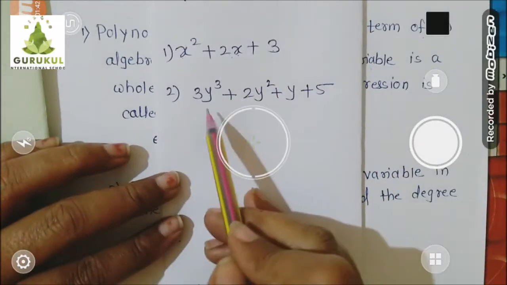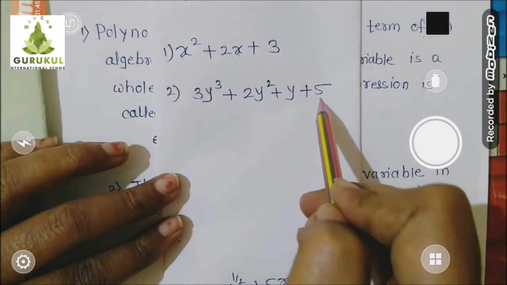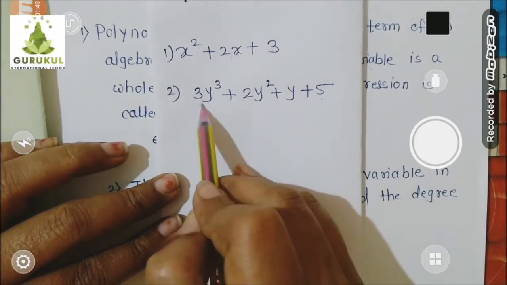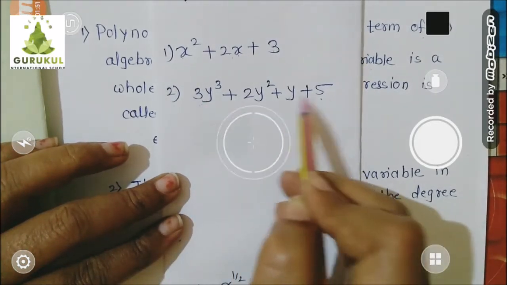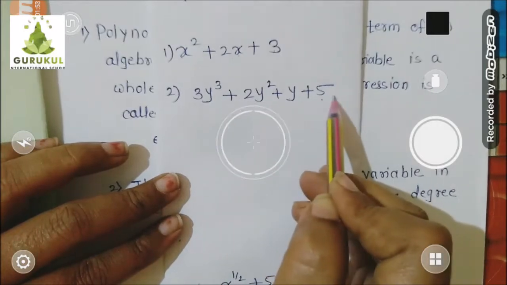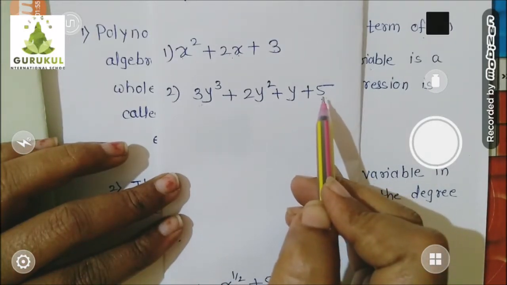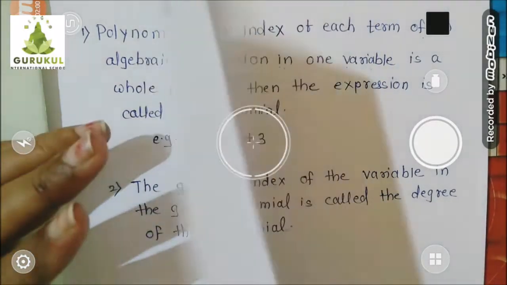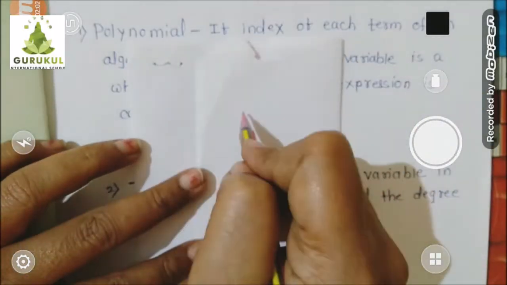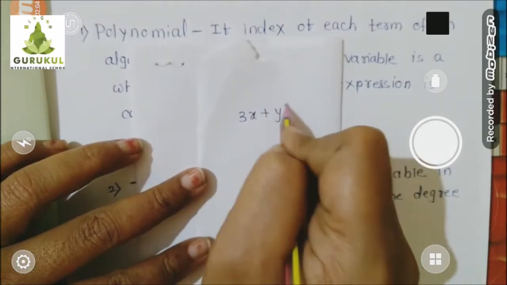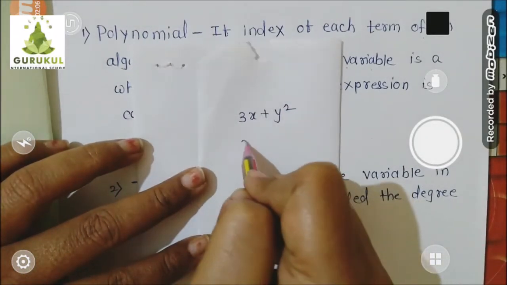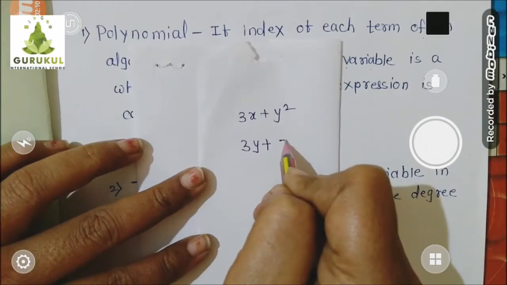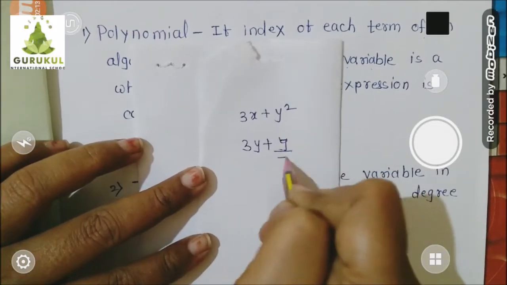Okay, same way you can see second polynomial. There are four terms and in every term only y variable is used. So this is also the expression which contains only one variable. But children, there are such expressions which contain two variables. For example, 3x plus y square or 3y plus y upon z.